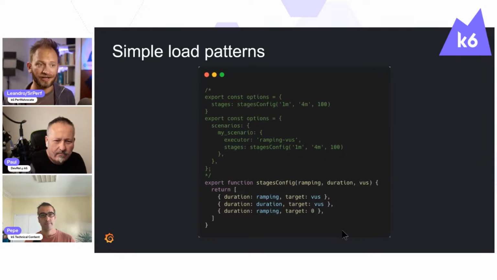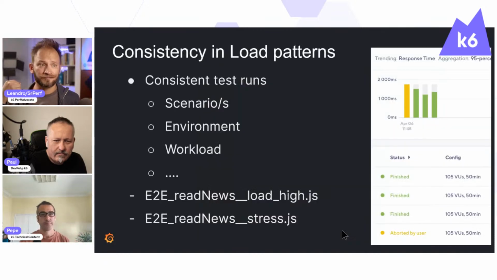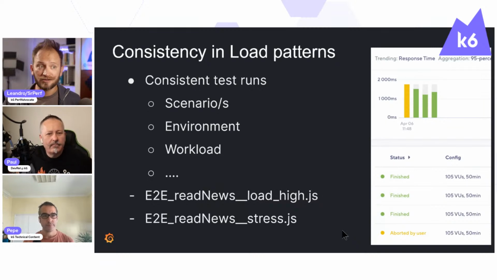Pepe has a very good example here where you can just generate a function, send the parameters, and have your tests go up, stay, go down with just a function. And you can reutilize this as you need. You made this comment, Pepe, about trying to keep consistency in the load patterns to repeat, compare apples to apples, right? Your previous run, don't change the pattern and run it again.